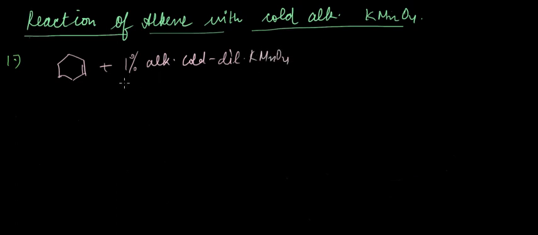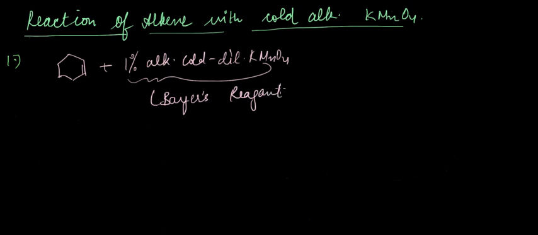This is called Baeyer's reagent. The reaction would give OH on both the double bond carbons, both above the plane, plus MnO2 will drop down in the experiment as a precipitate.